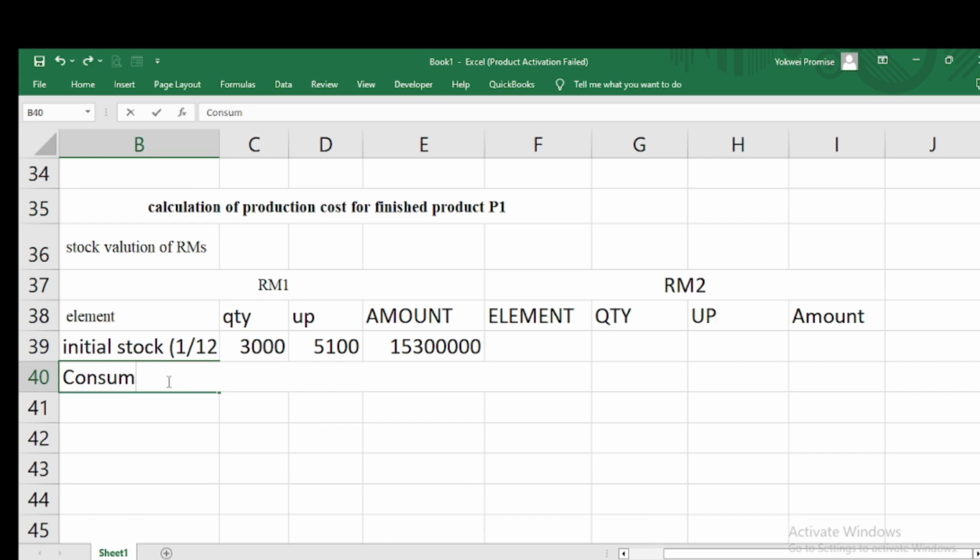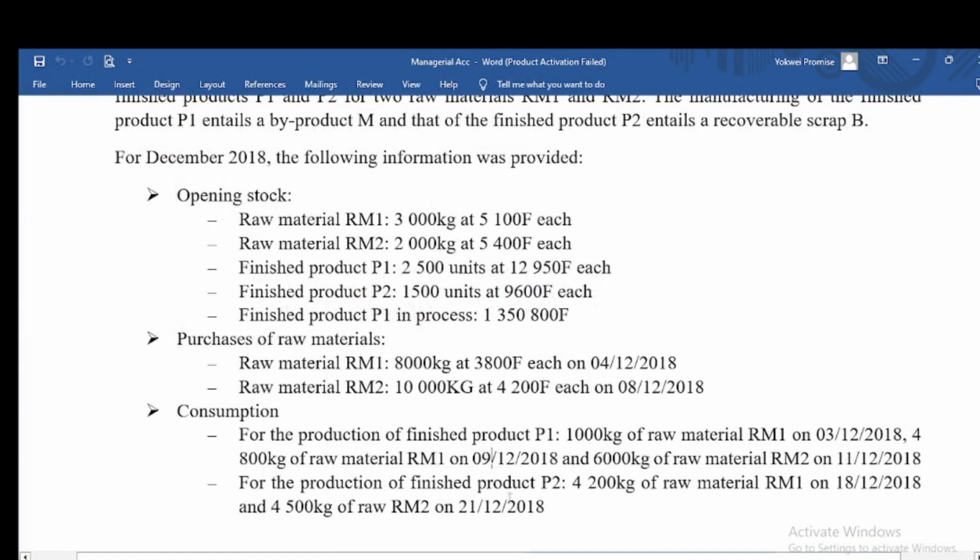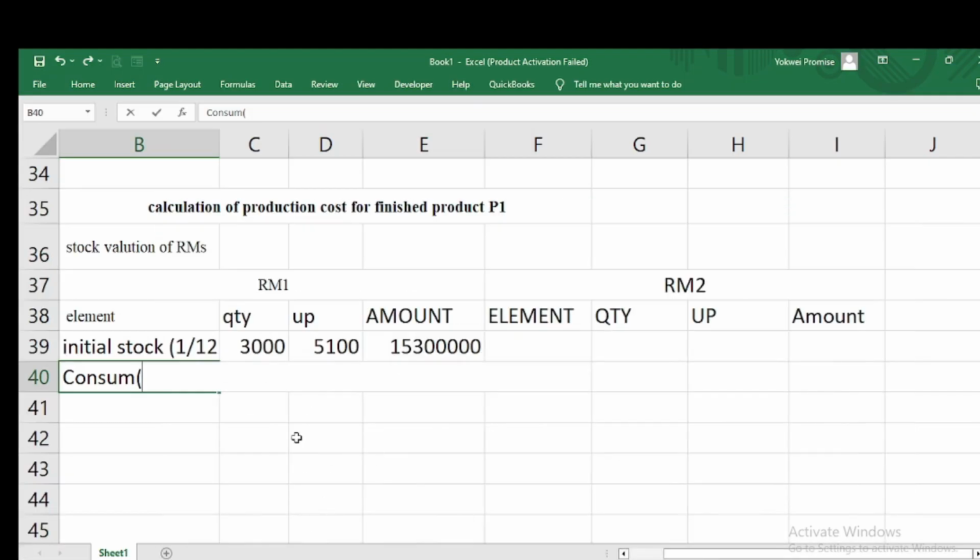I'll be abbreviating it. And this consumption takes place on the 3rd. These purchases were made on the 4th, meanwhile they have already consumed 1,000 units on the 3rd of December, please take note. They consume 1,000 units. So the consumption was equally made at 5,100.